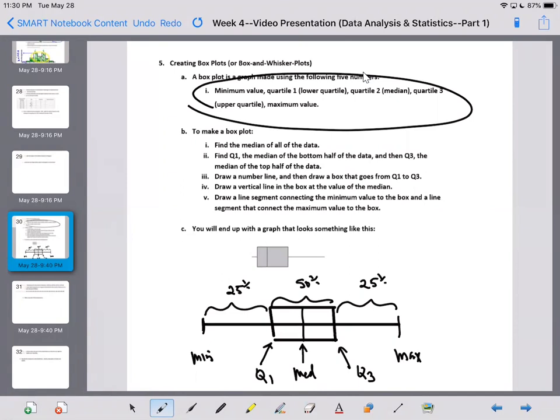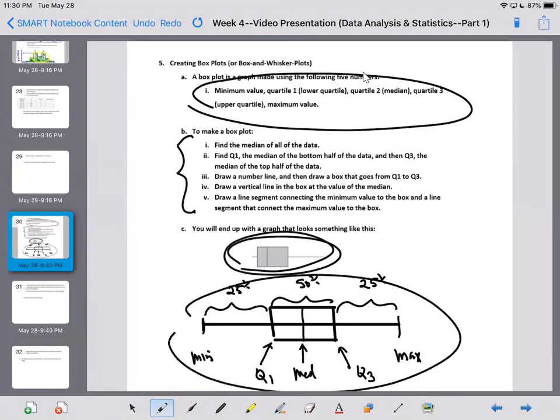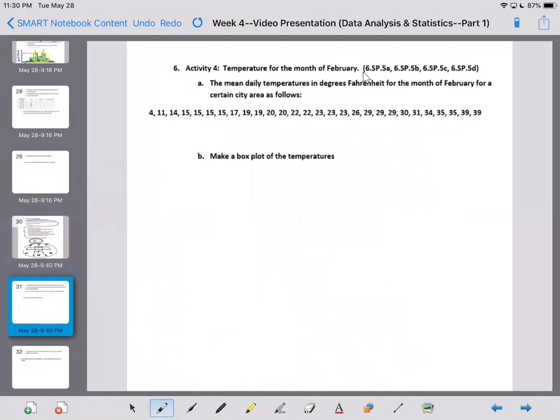And then you can review how to make that box plot. I'll also go over that again, but we should see something that looks like the two that I drew. All right, to save us time, I have temperatures for the month of February, but I went ahead and listed them numerically from left to right so I can create this box plot.